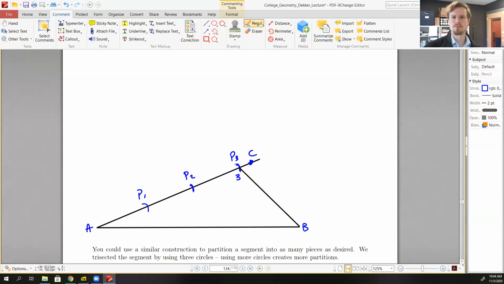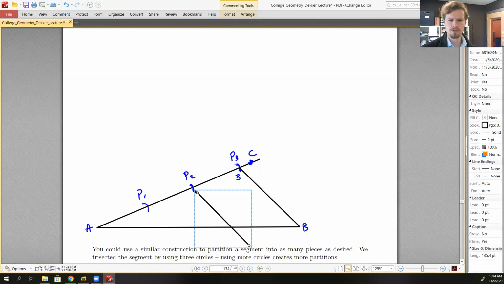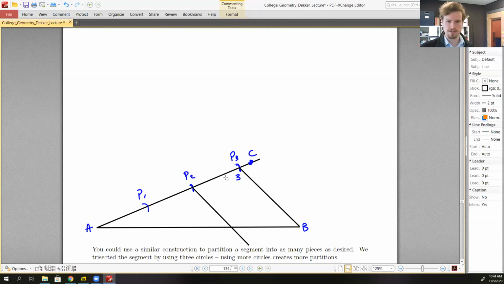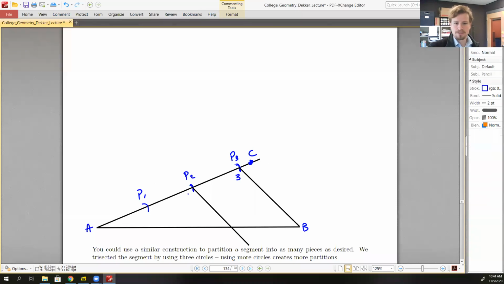And when we do that, we would find the line passing through P2 that is parallel to the line passing through P3 and B. So that looks about right. Of course, when you actually use your compass and straight edge, it would be exact. So keep in mind that all these constructions should be done with a compass and straight edge. All right, so we call that angle 2.